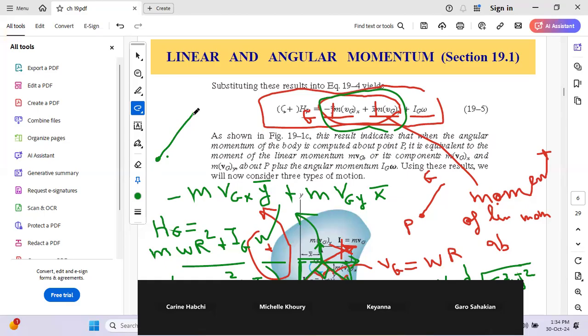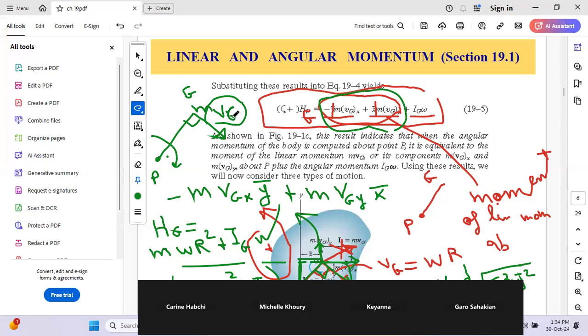If you don't know the direction, you say I have two components, x and y. But if you know that you have rotation about a fixed axis, you know that the direction of your vector VG is perpendicular to PG. So you don't need here, Michelle, to decompose it because you know its direction. Instead of decomposing the moment into two parts, you can directly say, what is the moment of m VG about P?